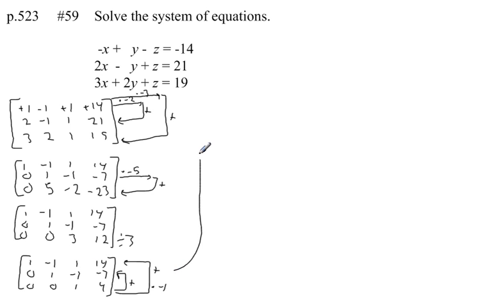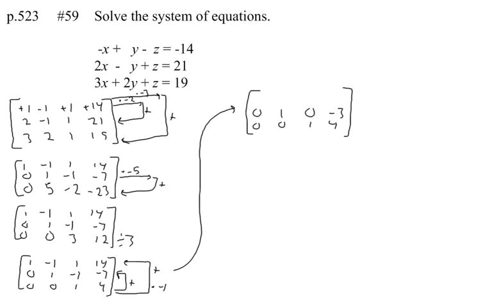And I'm going to bring my work up here. So my bottom row now is not going to change. 0, 0, 1, and 4. My middle row, if I add the bottom to the middle row, I will start with 0. 0 plus 1 is 1. 1 plus negative 1 is 0. And 4 plus negative 7 is negative 3.